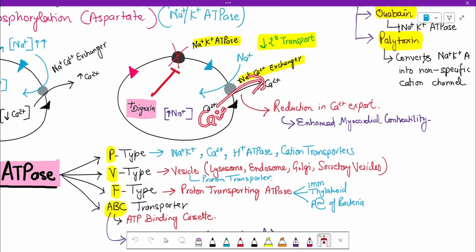If less calcium ions go outside, there will be reduction in calcium export, and more calcium ions start accumulating in the cytosol, which will lead to enhanced myocardial contractility, because calcium helps in contraction of cells, contraction of muscle fibers. So this is the basic functioning of digoxin.